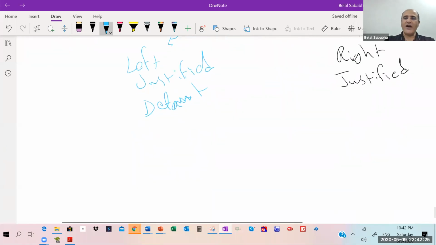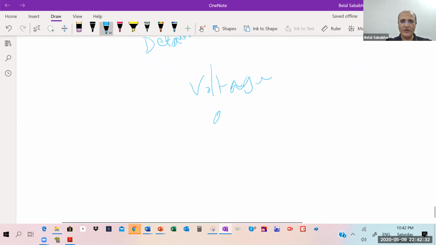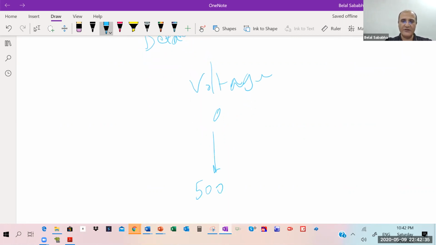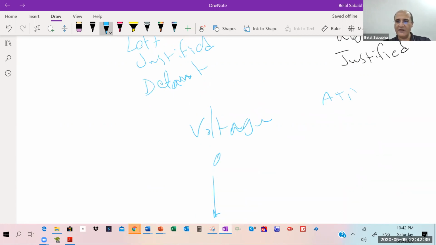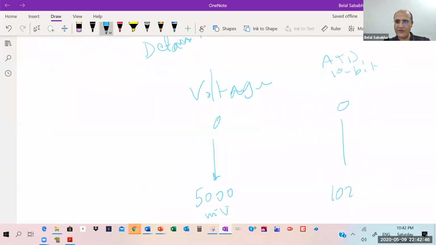Now if you are reading a voltage between 0 and 5000 millivolts, your 10-bit A to D gives you readings from 0 to 1023. Each step here is 4.88 millivolts, right? Agree?